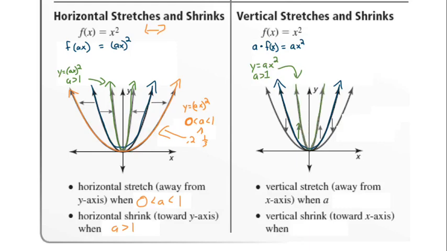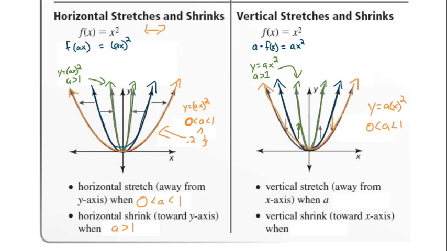It's like you're taking a rubber band and stretching it up. If you do y equals a times x squared, and a is between 0 and 1, it's actually a vertical shrink. So it would be that one right there, and you're taking all those original points and shifting them down.